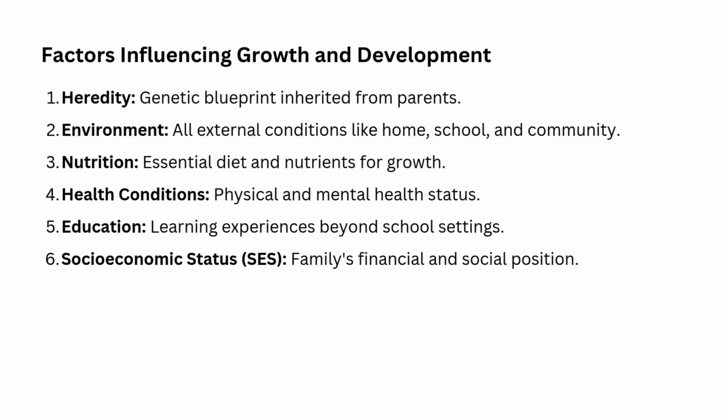For example, if athleticism runs in a family, children may inherit certain physical characteristics that make them naturally inclined towards sports. However, heredity is not the only factor. How these traits are expressed often depends on environmental factors too.